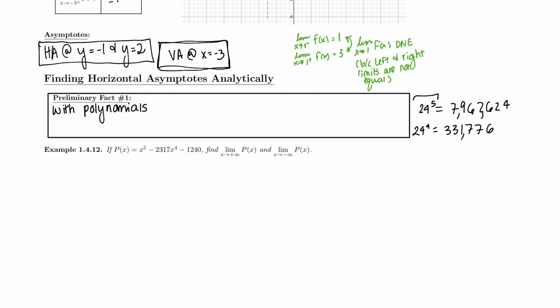This fifth power just grows so much quicker that as we're going to infinity, I don't care about anything that's not the highest power, because the highest power is going to dominate incredibly what happens with a limit as x is going to infinity in a polynomial. So with polynomials, you can eliminate everything but the highest power and then plug infinity in.